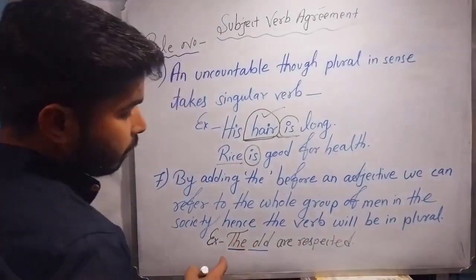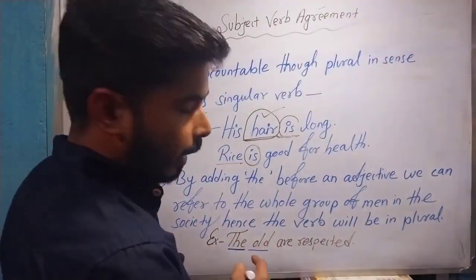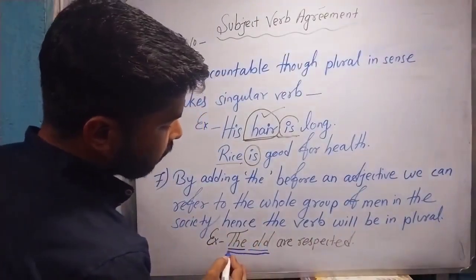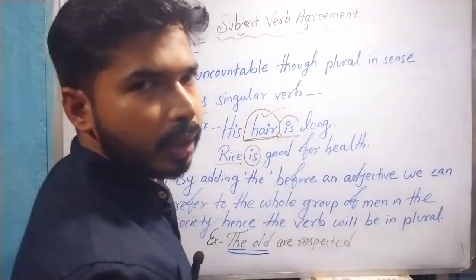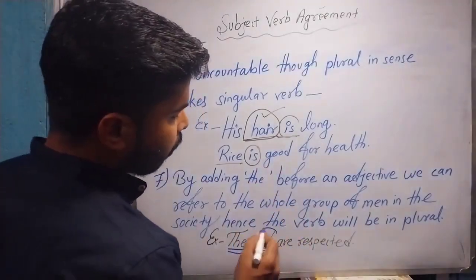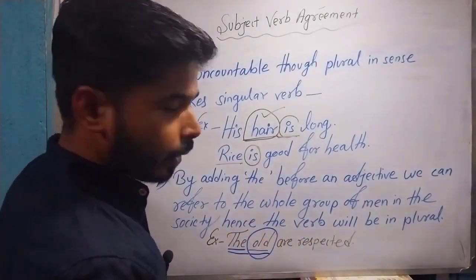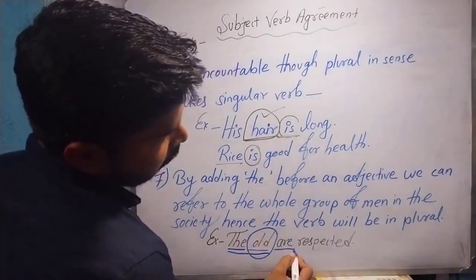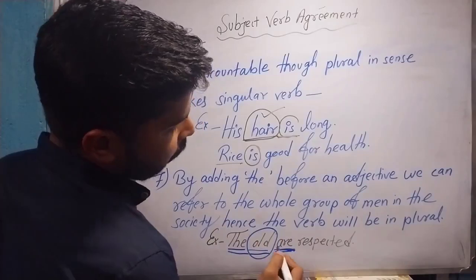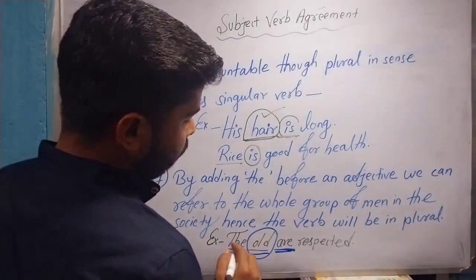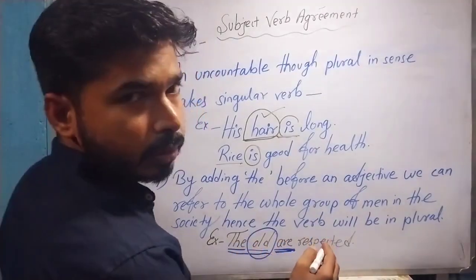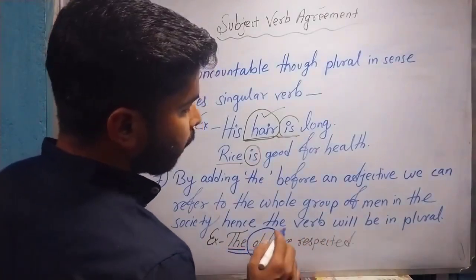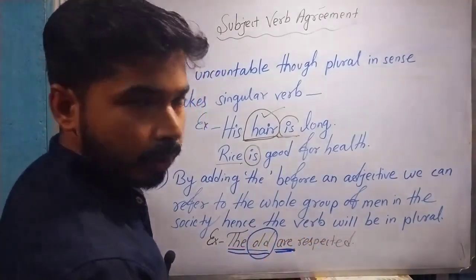So we write the old, and this the old is referring to the whole class or the whole group of old people or old men. Hence, we have written the verb in plural form. That's why the old are respected. We can't write the old is respected.